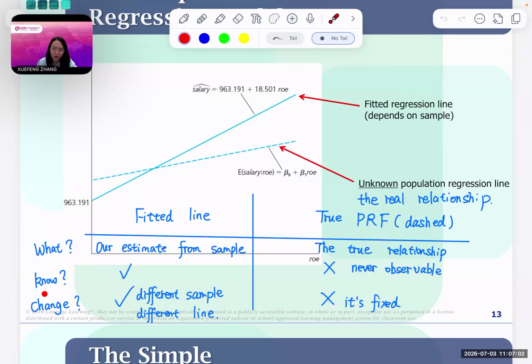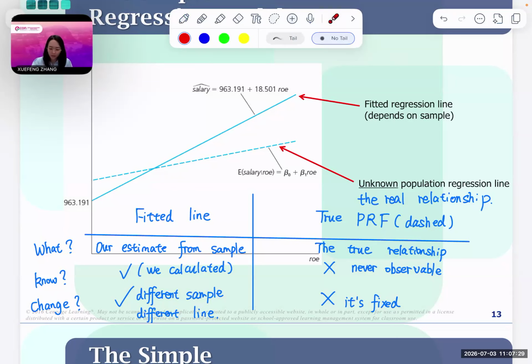And do we know it? For the fitting regression, yes, we calculated it, right? So we know it. But for the PRF, we don't know, it's never observable.